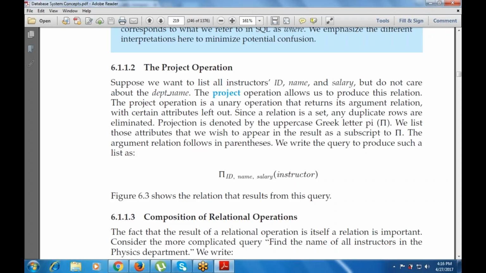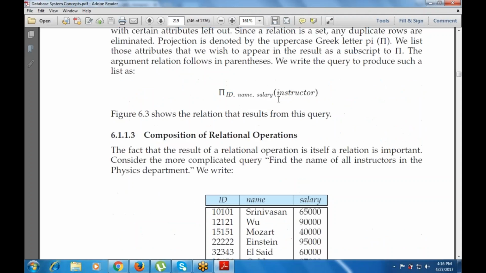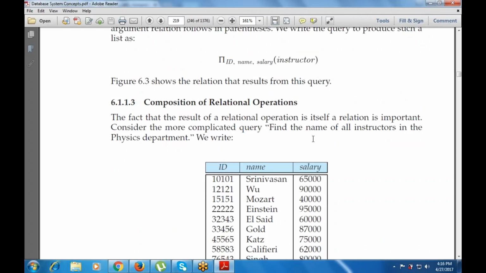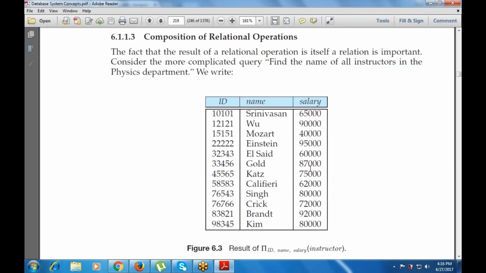For example, here we are considering three fields, the ID, name, and the salary, from the instructor table. This is the output of the ID, name, and salary. Only three fields are available, and one more thing, the duplicate records are not coming out.